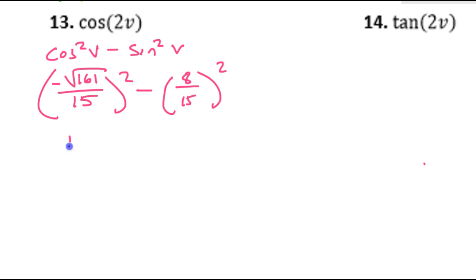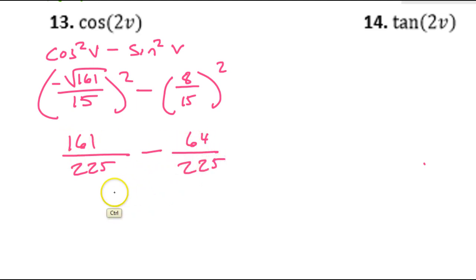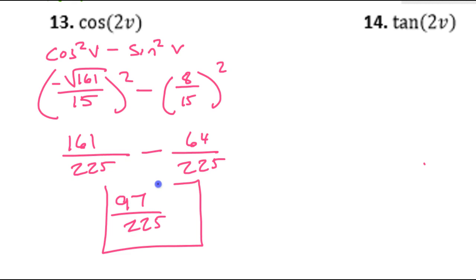So this is going to result in positive 161 over 225, 15 squared, minus 64 over 225. Okay, so this is just going to make 97 over 225. And I believe that's the final answer.